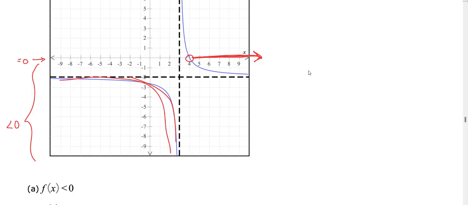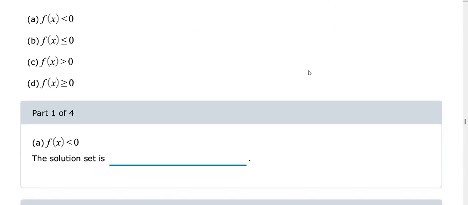Up to the asymptote and all over here. All of those are below the x-axis. So for part A, my answer would be negative infinity to 3, and then from 4 to infinity.